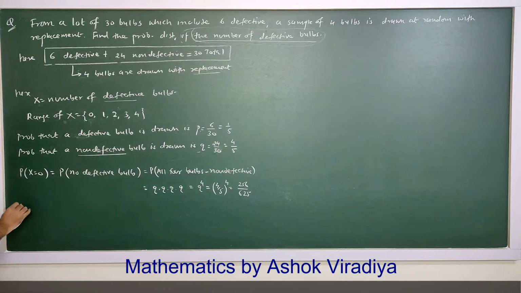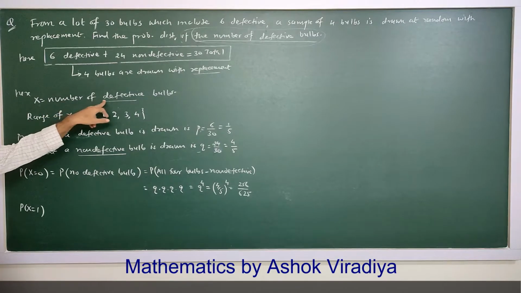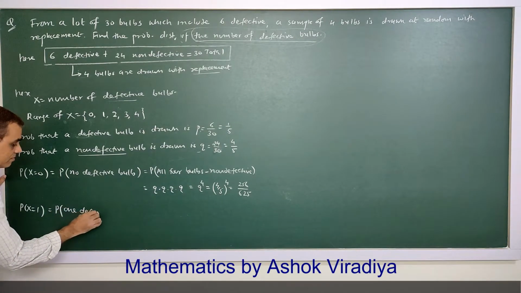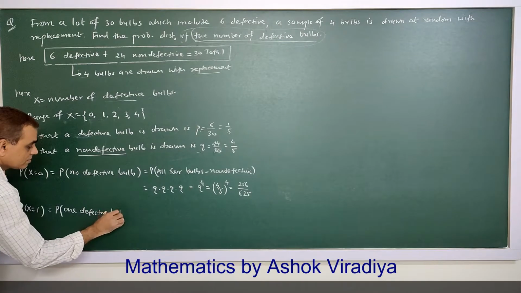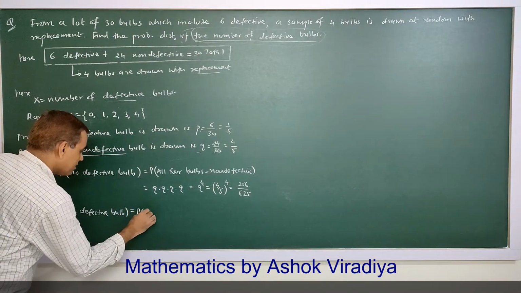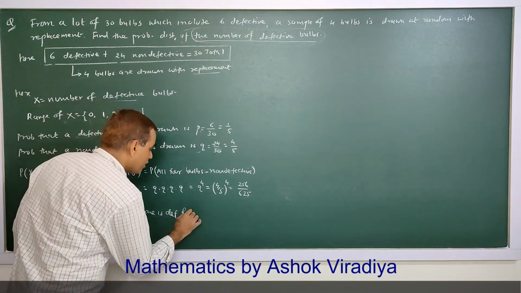Now, the probability that X takes value 1. X equal to 1 means one defective bulb. That means one defective, 3 are non-defective. That means the probability that 1 is defective and 3 are non-defective.